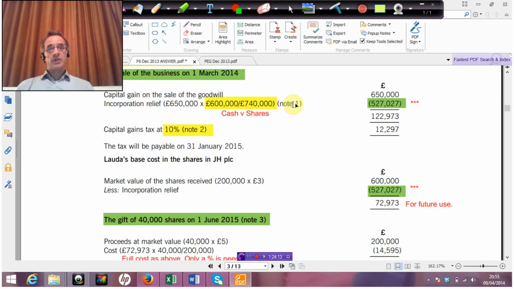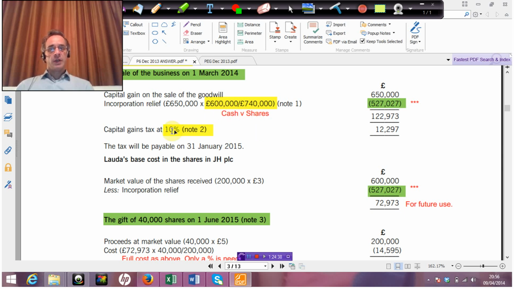So what we're doing is stripping this element out of the gain, leaving the balance, and the balance relates to the cash that she's receiving. So incorporation relief must be the gain times the ratio between the shares and the total consideration of 740.